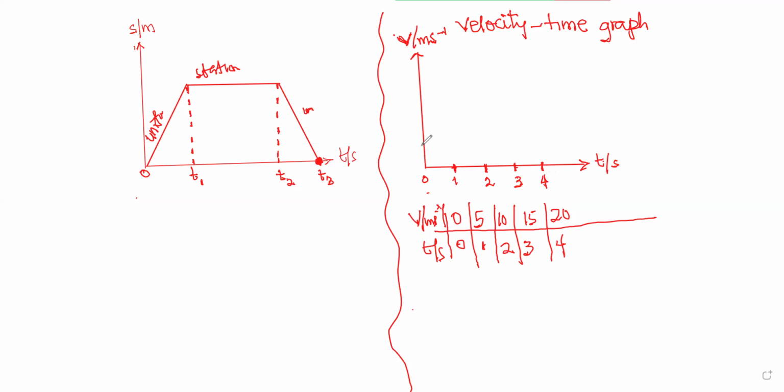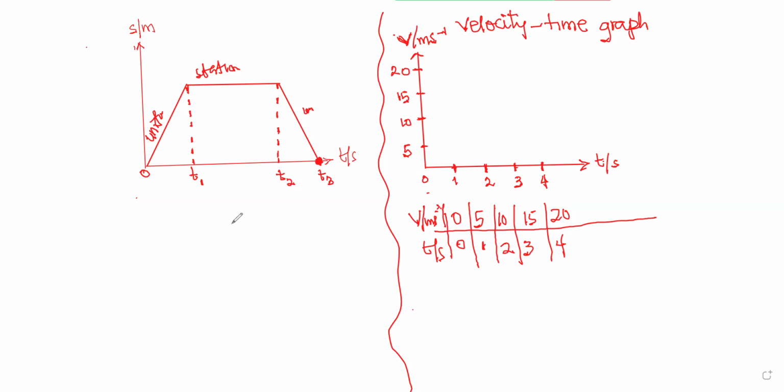On our velocity axis, we have a 5 units interval, or 5 meters per second. So 5, 10, 15, 20.